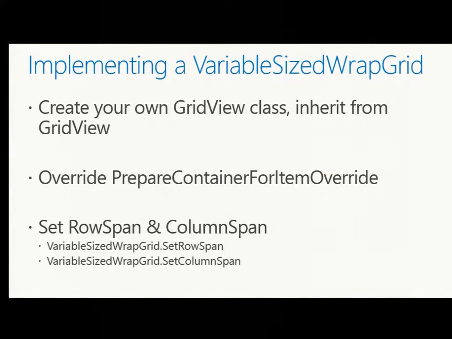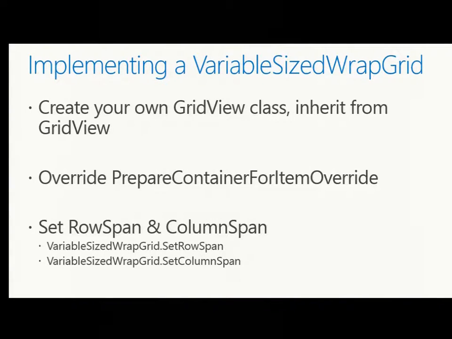So first thing to do is ensure that your grid view is using a variable-sized wrap grid as an item panel template. And the next thing you have to do is create your own grid view class by simply inheriting from grid view and overriding one method. The one method you will override is the prepare container for item override.